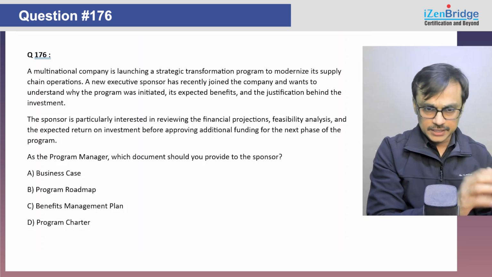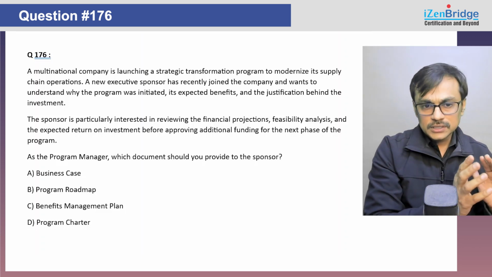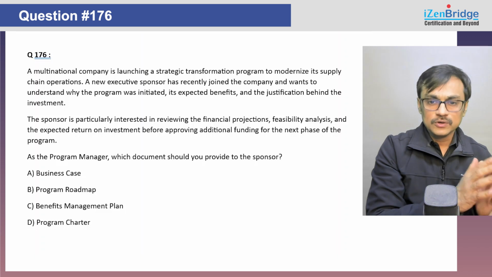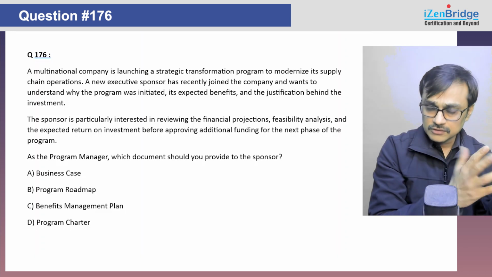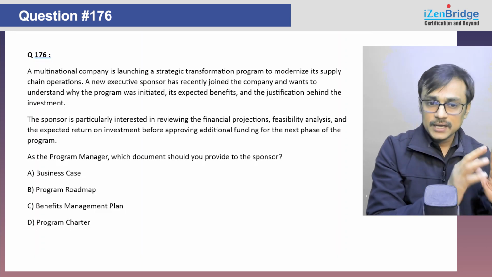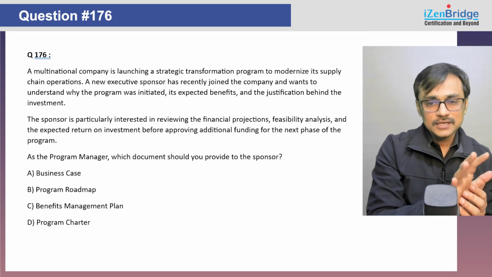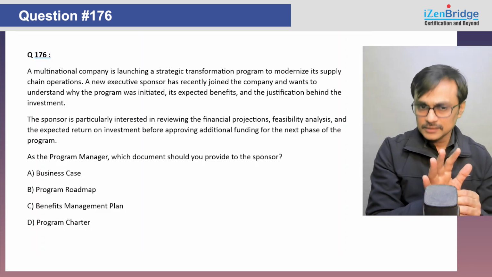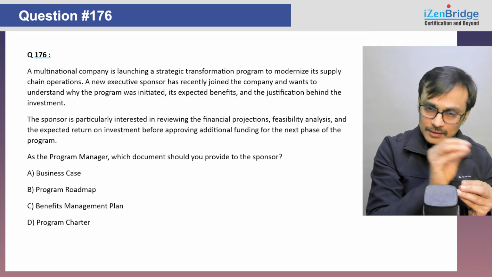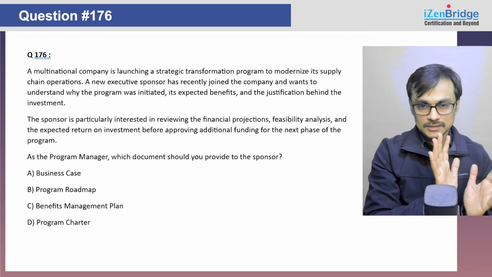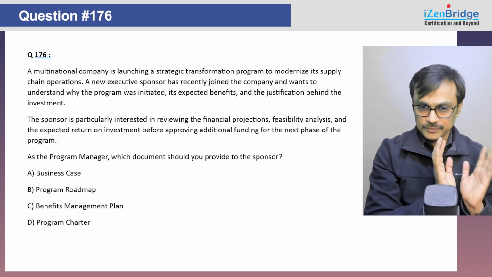Now the question is focusing on financial projection, feasibility analysis, and expected return on investment. Such things may not be there in your charter. The charter is expected to be summary level information.